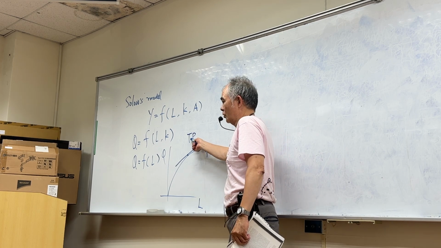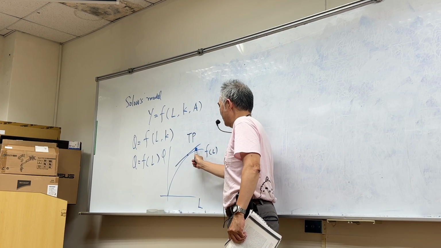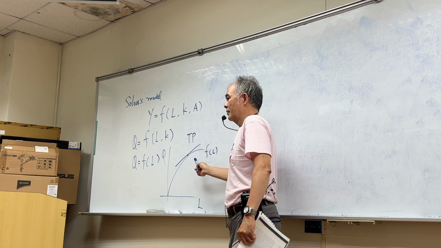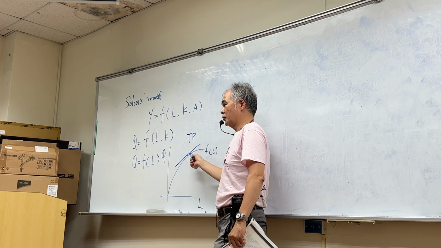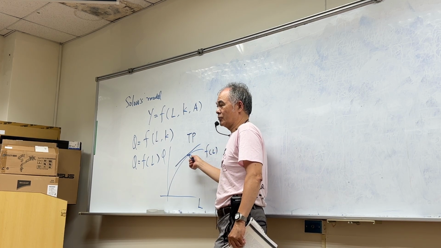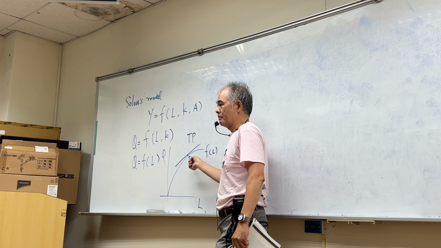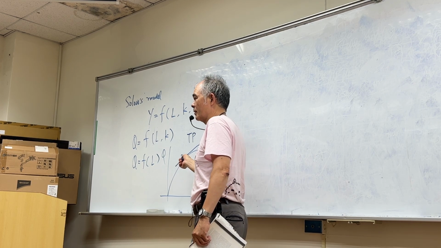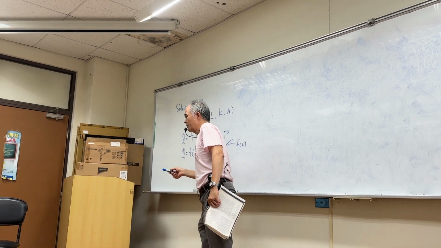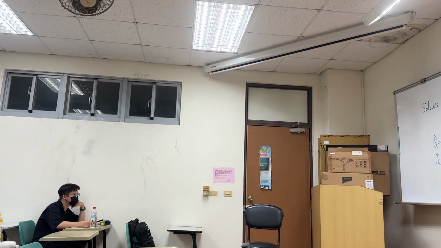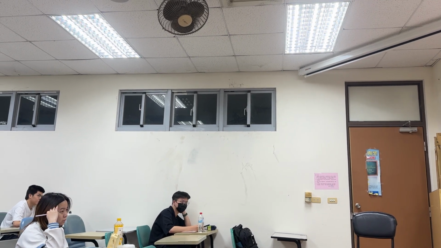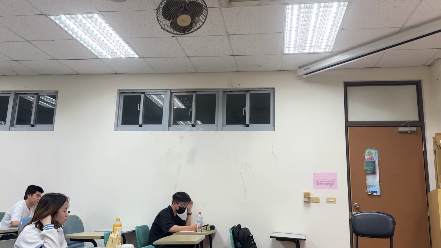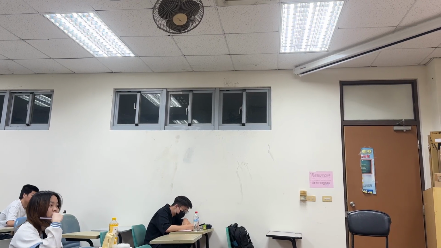This is total product. What about this? Slope is differentiation, right? What is differentiation?